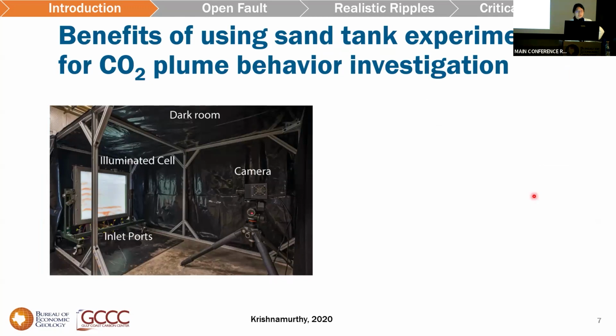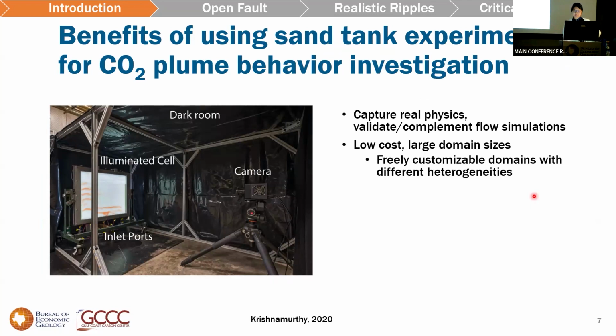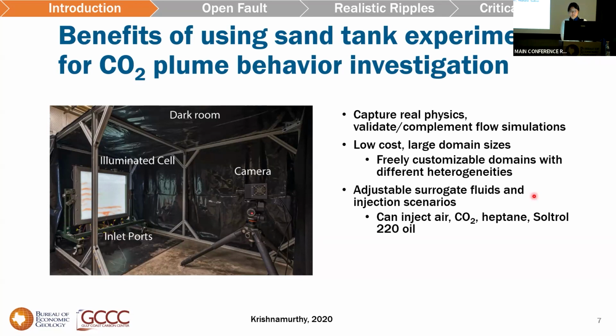And there are many benefits of using these kinds of sand tank experiments to investigate CO2 plume behavior. They capture real physics, they can validate or even complement flow simulations, and these are low-cost experiments with quite large domain sizes that allow us to freely customize the domain with different kinds of engineered heterogeneities.